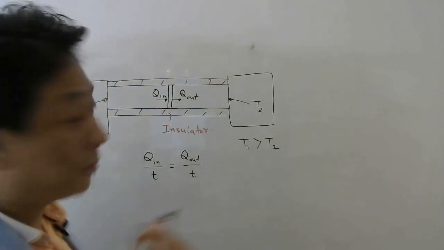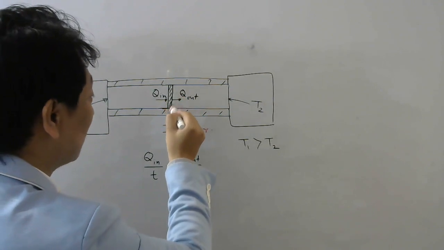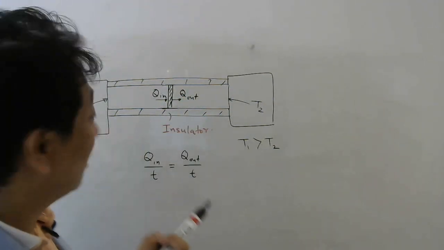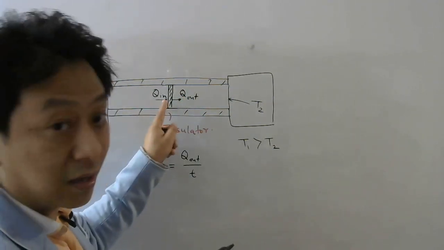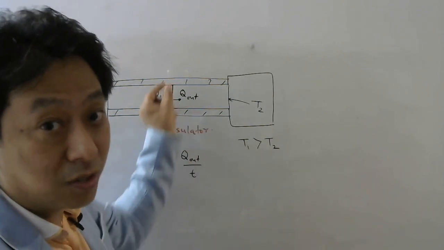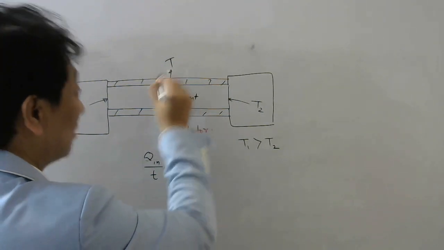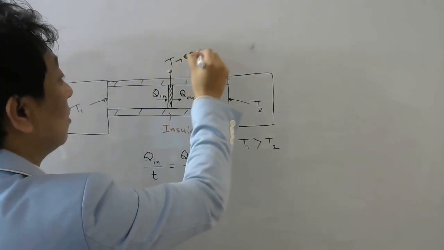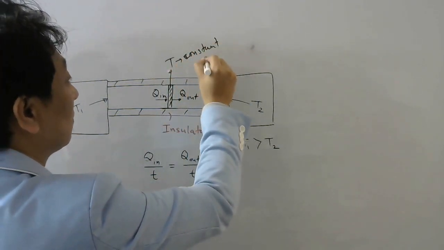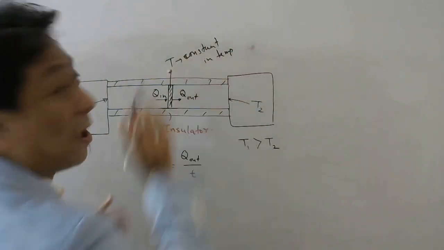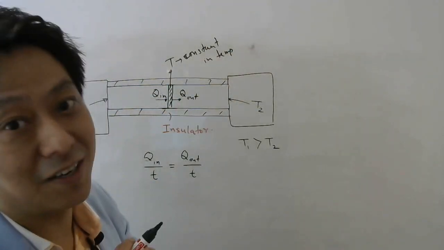Once that happens, this section will not absorb any heat because whatever heat comes in, same heat goes out through this section. So therefore, temperature of this section will remain constant in time. When this happens, we say steady state.